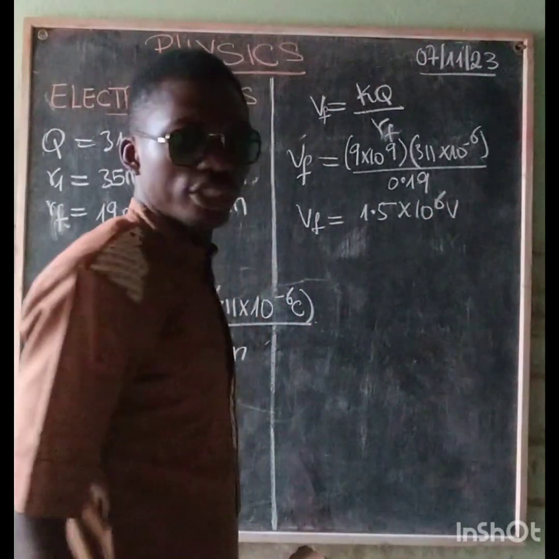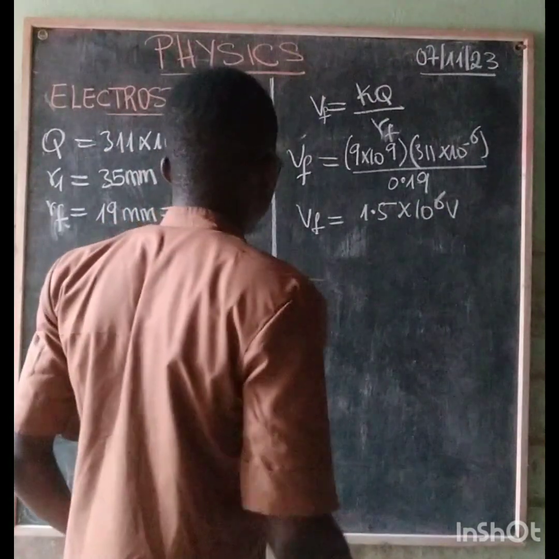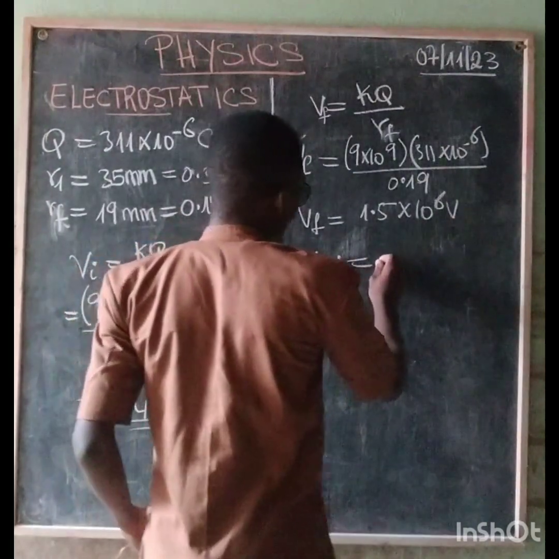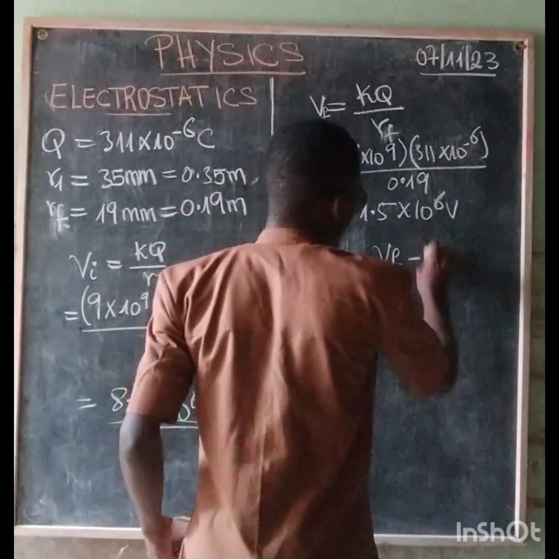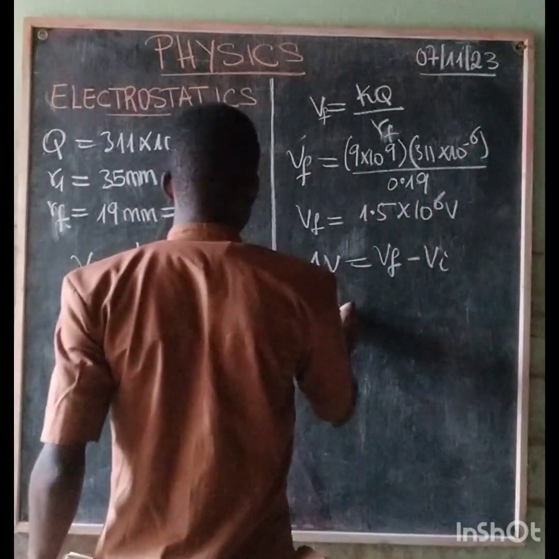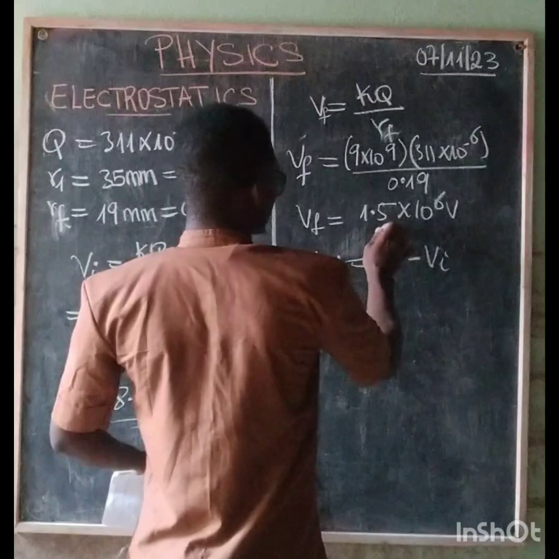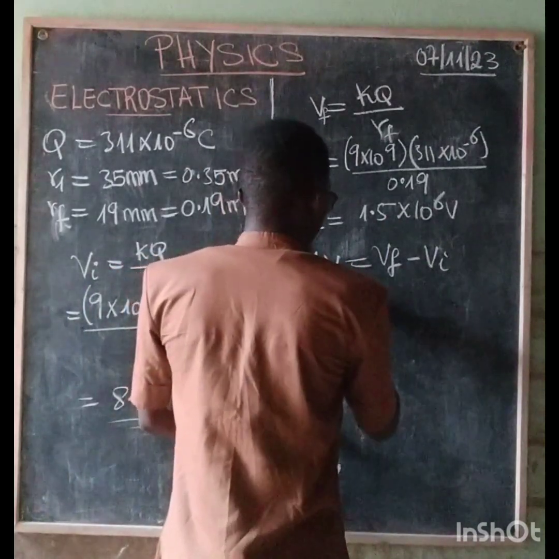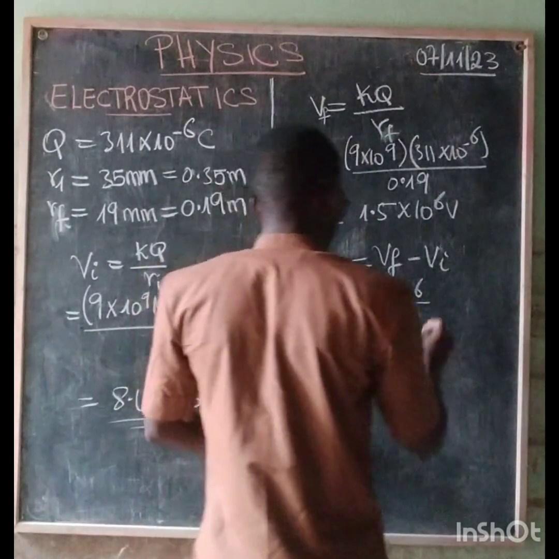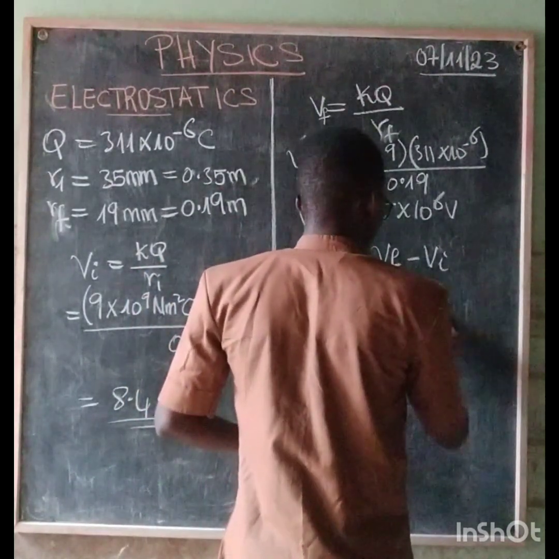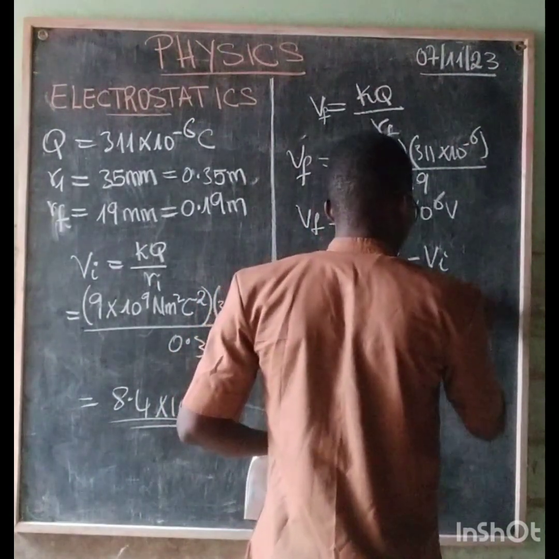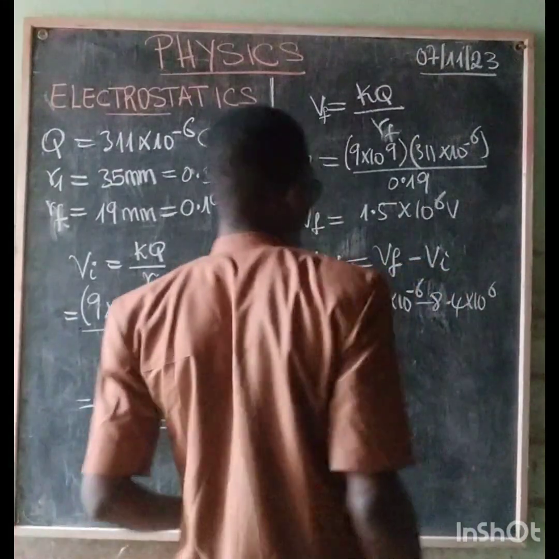Then now the change in electric potential is going to be equal to Vf minus V initial, and therefore it's going to be equal to 1.5 times 10 to the 6 minus 8.4 times 10 to the power of 6.